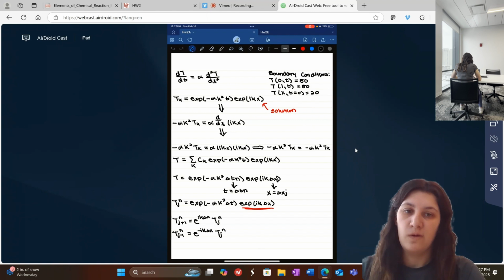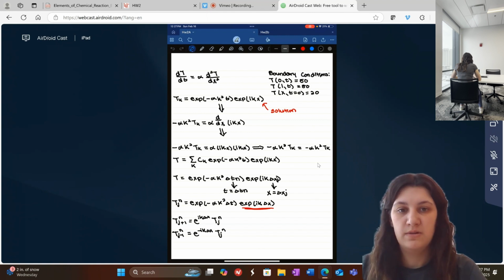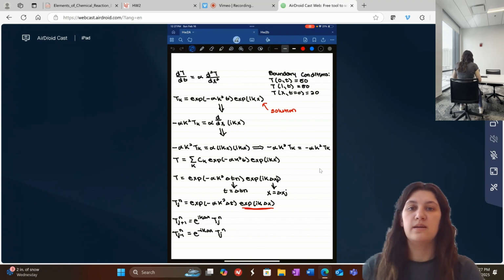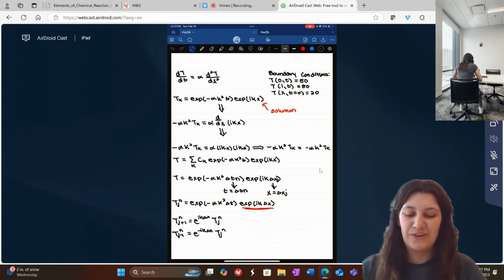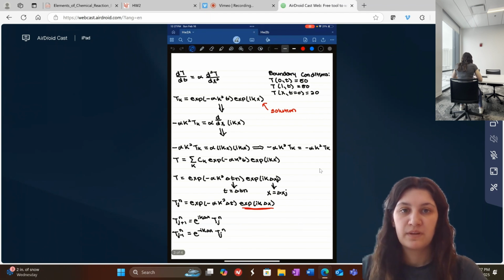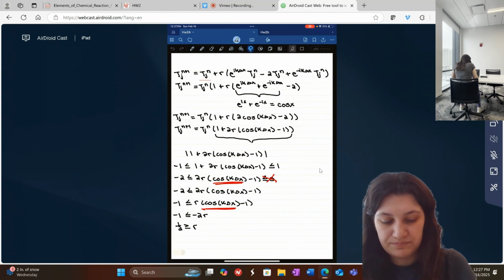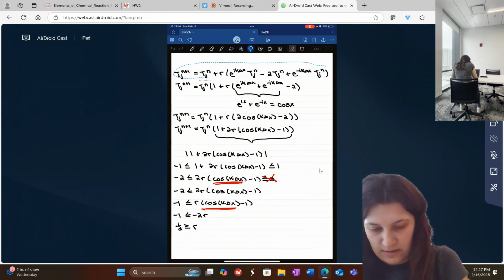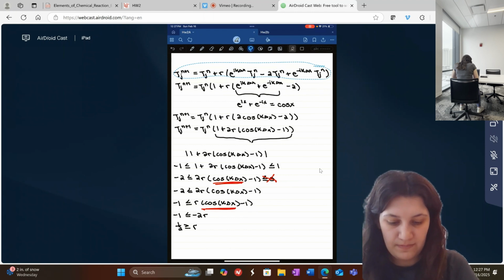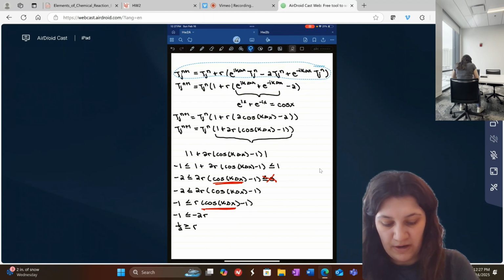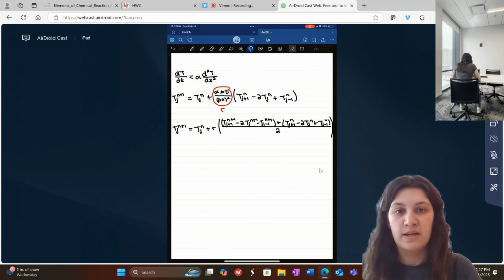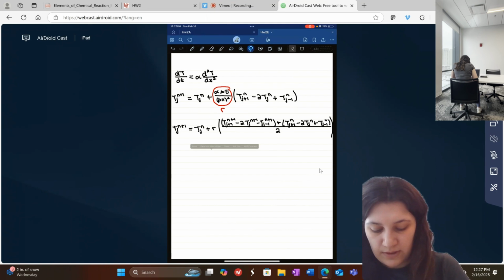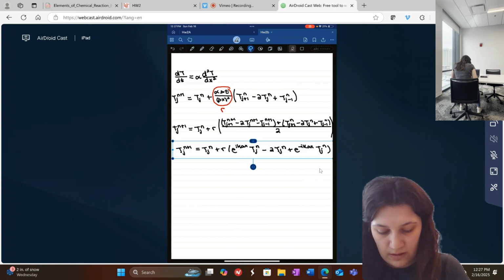Ultimately, it's this sum down here that's the true solution, but we picked one particular term to look at just to make things simpler. From there, we were able to prove that for part A, r needed to be less than or equal to 1/2. We could use something similar here for the Crank-Nicolson equation.